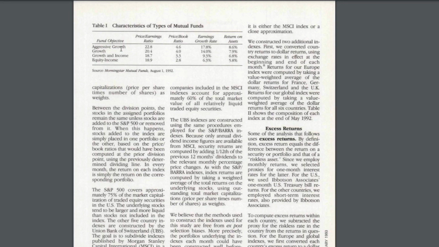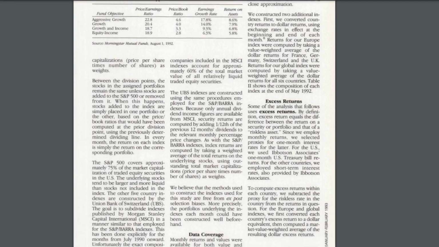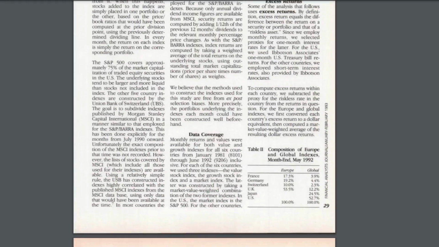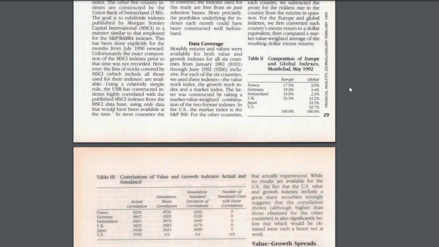And so you can see that these aggressive growth funds at the time have a lot of growth stocks, not value stocks, compared to more stable ones. Spoiler alert, we find out that the value stocks have a higher earnings potential than growth stocks, but we'll get there. But the evidence is clear.